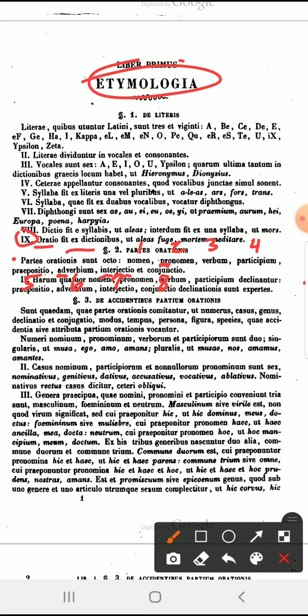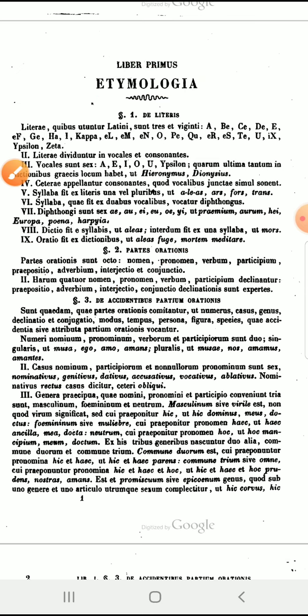And in this course, for the rest of this first part of this book, we're going to go one by one studying the characteristics and forms of each of the 8 parts of speech. So this rule here in Lesson 2 is sort of a table of contents of what we're going to study for the rest of this course, the 8 parts of speech.